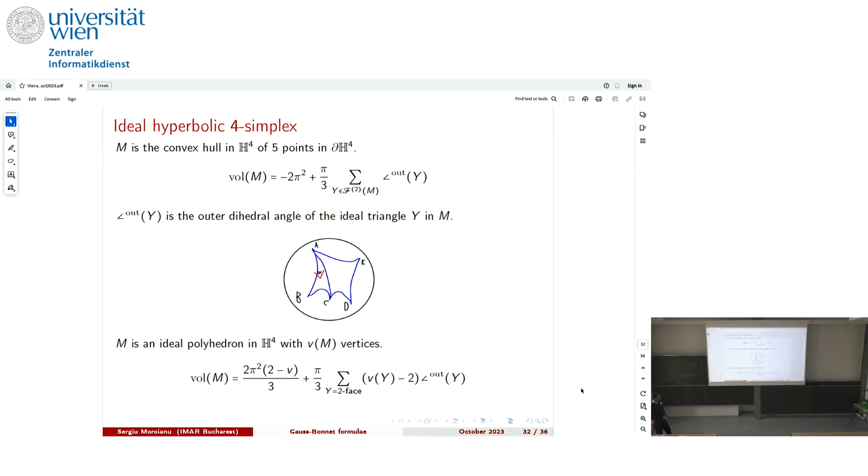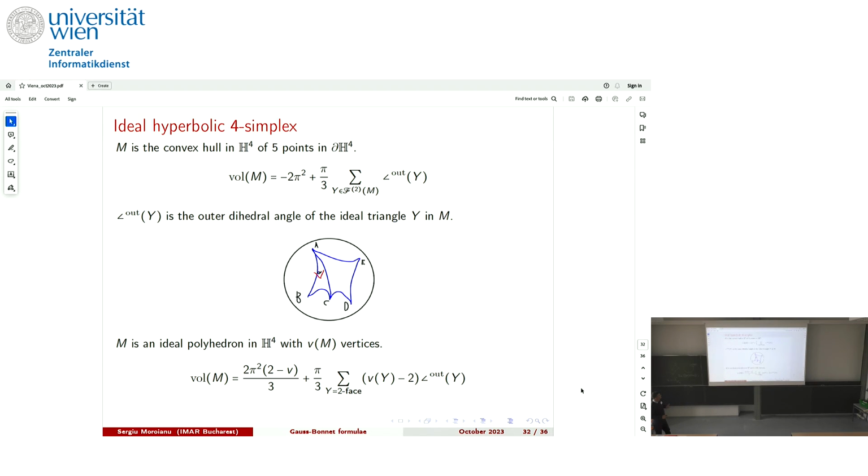And the volume of the tetrahedron is just this constant, minus 2 pi squared, plus pi over 3 times the sum of dihedral angles, exterior dihedral angles of the two faces. The vertices don't contribute because their contribution is actually encoded in here.